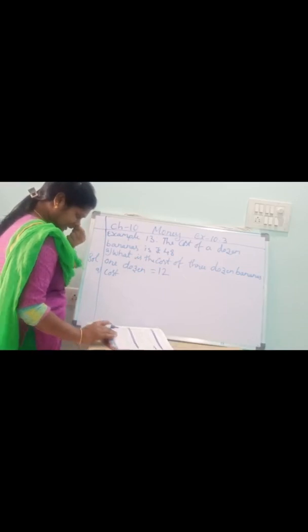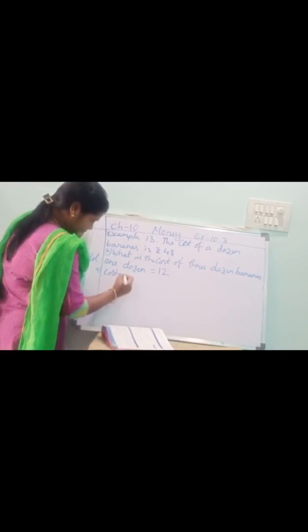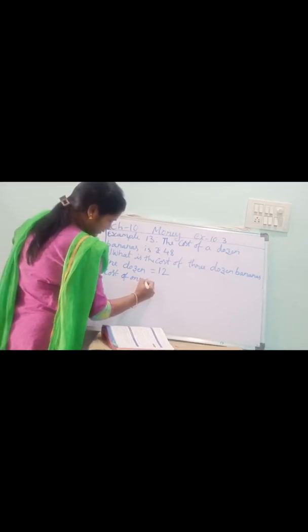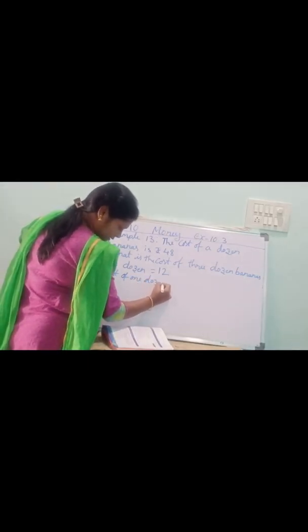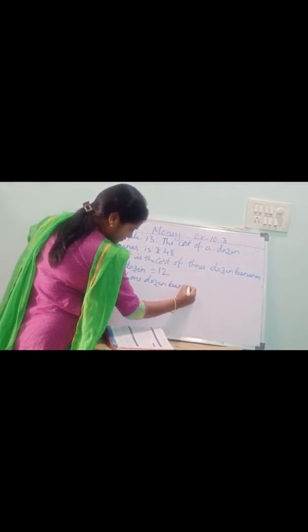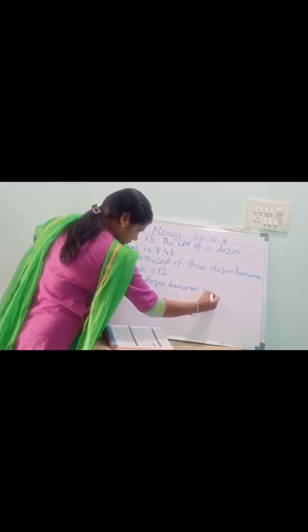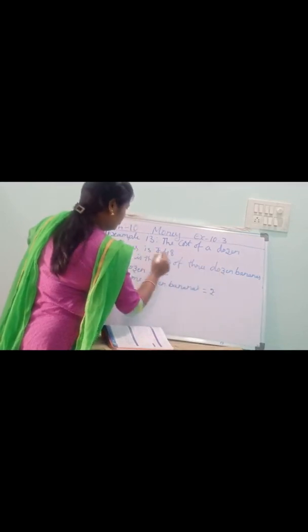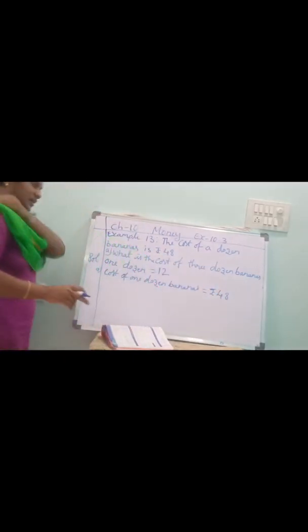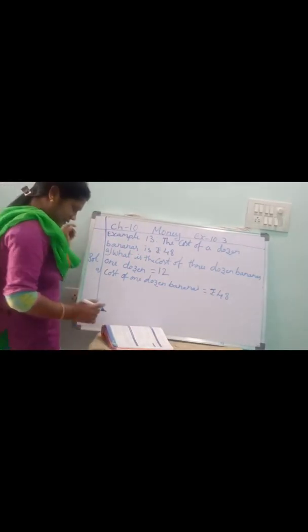The cost of 1 dozen bananas is equal to how many? 48. How much is the cost of 1 dozen bananas? 48 rupees.